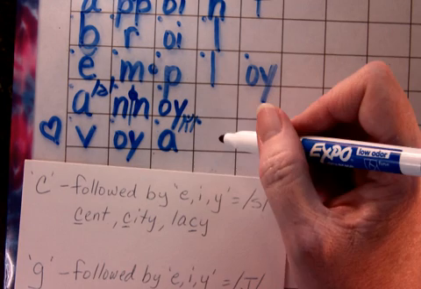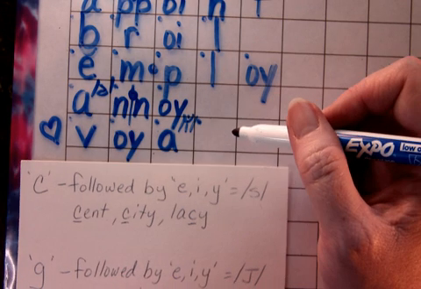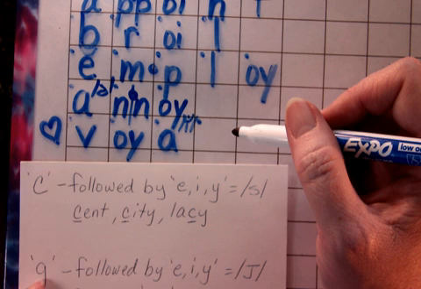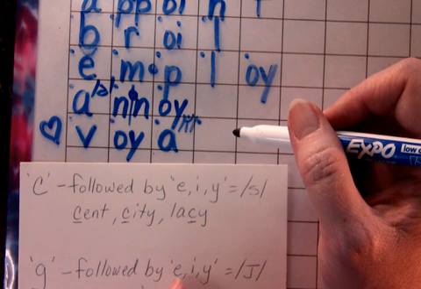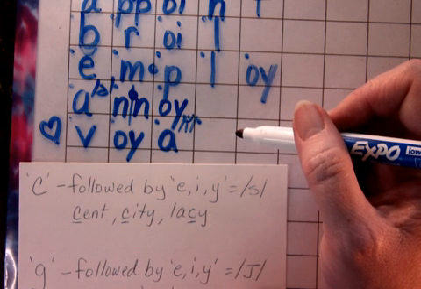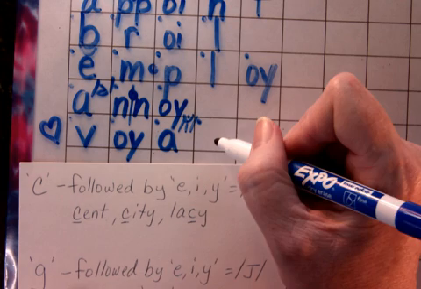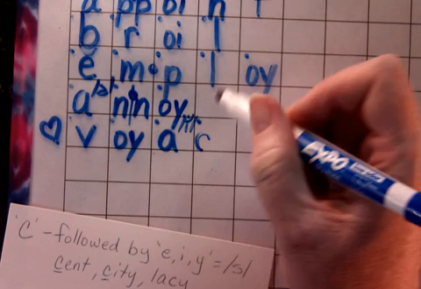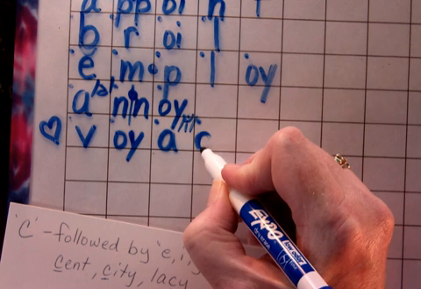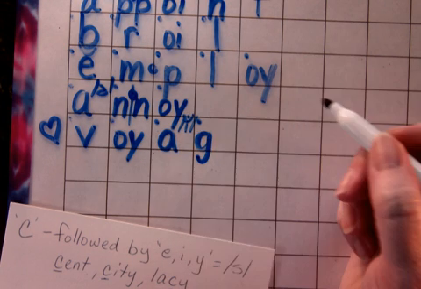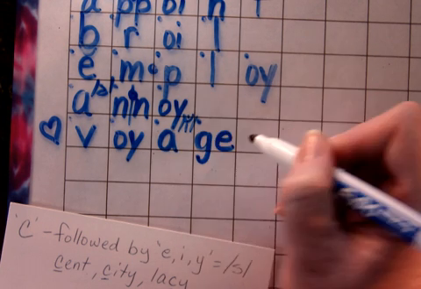We don't spell it with a J, we spell it with a G because we're going to make a silent E after it so that it will say the J sound. So it's the G, make a magic C, up and touch, down and curl to the front, and a silent E in the same box.